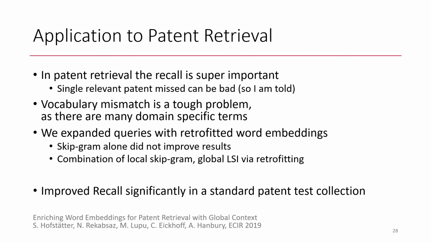But if you take a combination of the local context skipgram word2vec embedding, combined with this global LSI embedding via retrofitting, you can actually improve the recall significantly in a standard patent test collection.